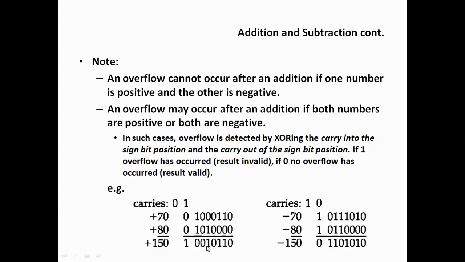We get an 8-bit answer. Then we get a carry which goes into the sign bit position, and there is no 9th bit. So the 9th bit is 0, and the carry bit that goes into the sign bit is 1. Now we have to do an XOR of these two.